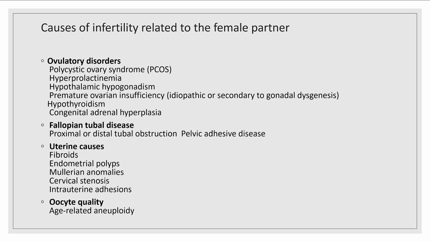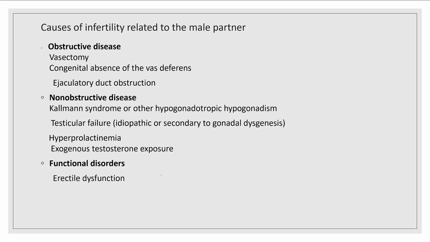This gives the same data in a bit more orderly manner: ovulatory, fallopian tube, uterine and oocyte quality in the female partner, and in the male partner, obstruction to the path of the semen, non-obstructive causes like Klinefelter syndrome, testicular failures, endocrine background, and functional causes like erectile dysfunction or premature ejaculation.